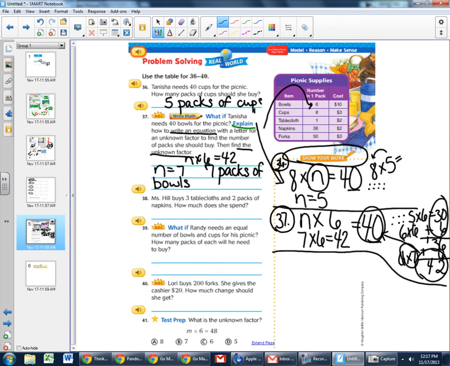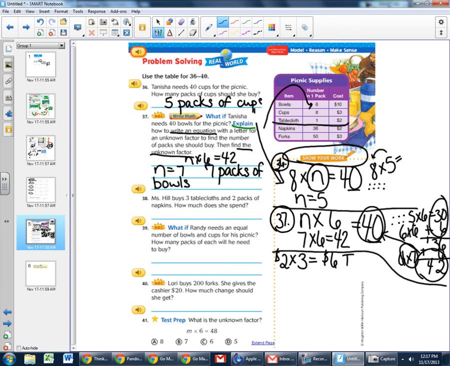Miss Hill buys 3 tablecloths and 2 packages of napkins. How much does she spend? So this is going to be a multi-step problem here. She buys 3 tablecloths. So if we look at the tablecloths, we have to do how much they cost, which is $2, times how many she's going to buy, which is 3. So this is $6 for tablecloths.